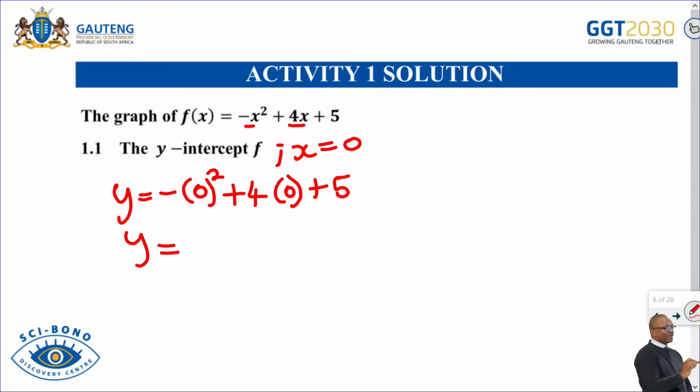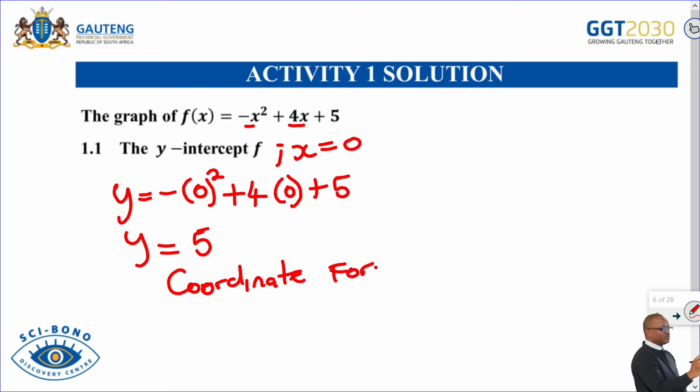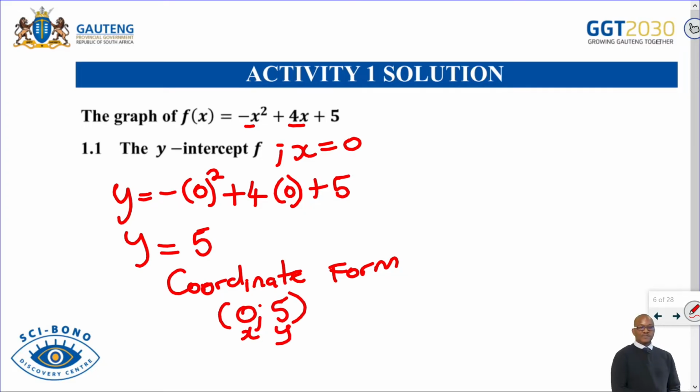Now you will punch into your calculator, and you will realize that the answer that we get there is positive 5. So if we want to put it in coordinate form, then your point will be (0; 5). Remember, we said x is 0 and y is 5.